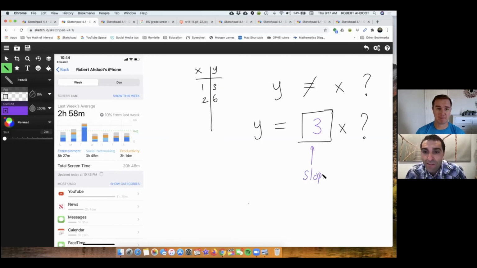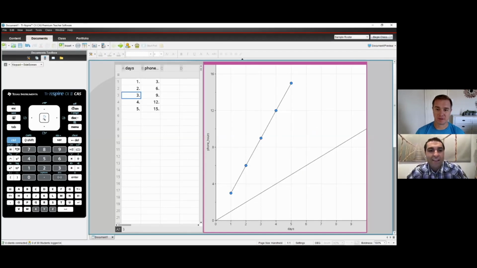What's fun is the slope has been looking at us all along. The slope is embedded, hiding inside the equation. So what if we changed our equation a little bit? Instead of y equals x, we have y equals 3x.